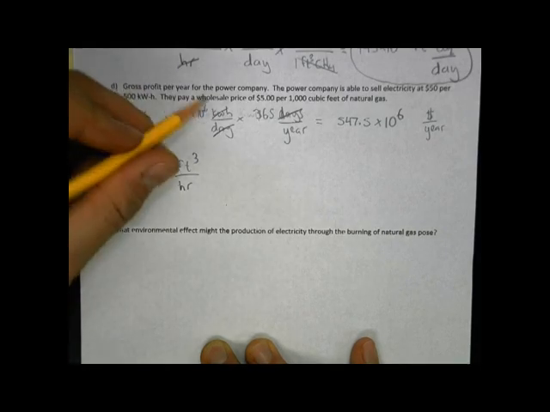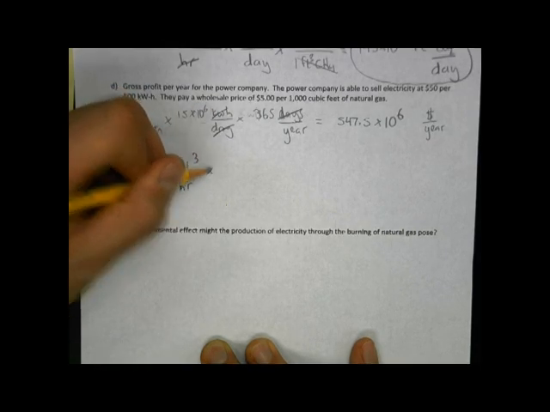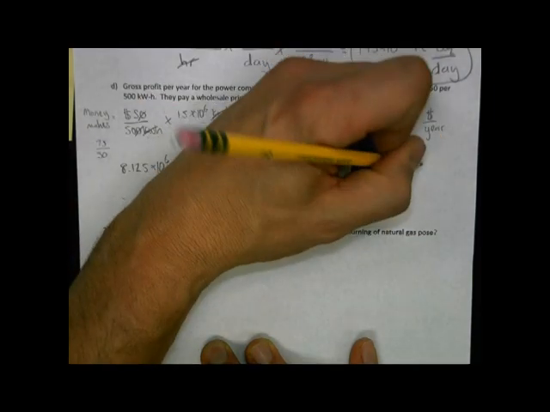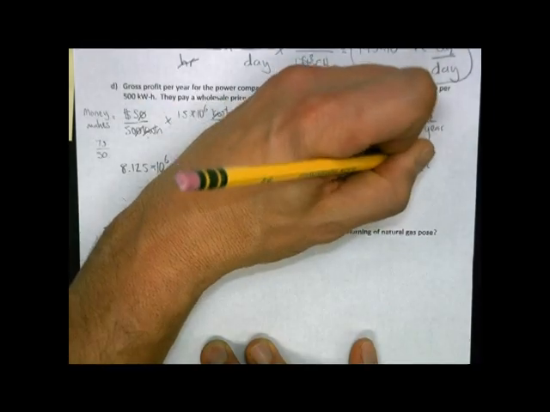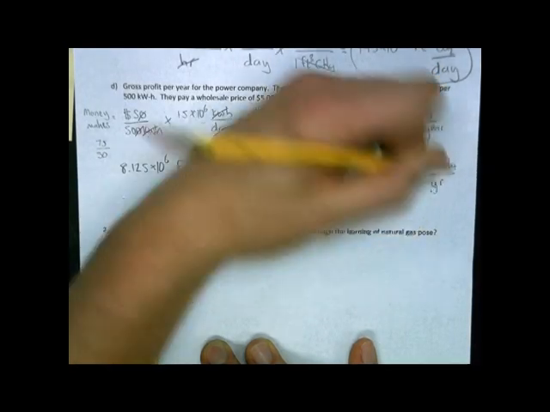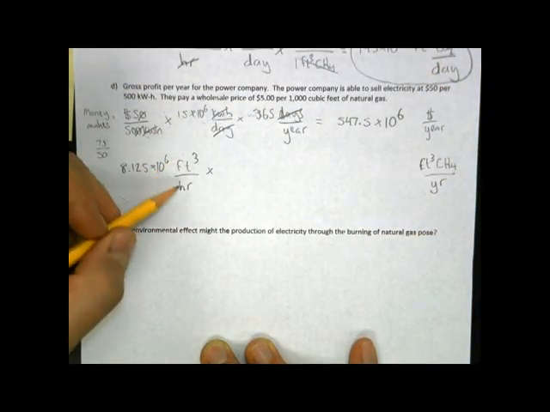And then we are going to want to get that over to years, because what we're looking for here is cubic feet of methane, which is our natural gas, per year.